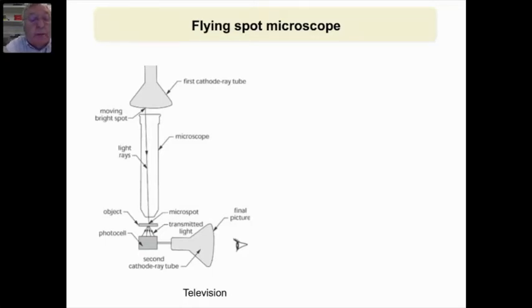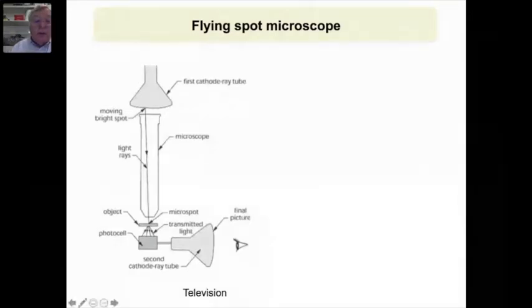It scans across the specimen, and you detect point by point, as indicated here, the light transmitted by the specimen, which you then display on a second screen, which is scanned in synchronism with the first.